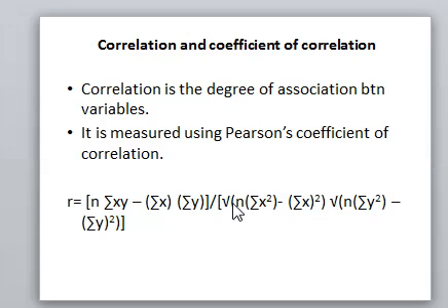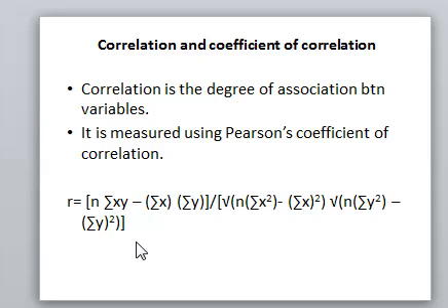You can also determine the correlation effect of this. The correlation effect, the coefficient of correlation, is the degree of the relationship between the variables. You can use the Pearson correlation coefficient to determine the correlation effect between the variables.